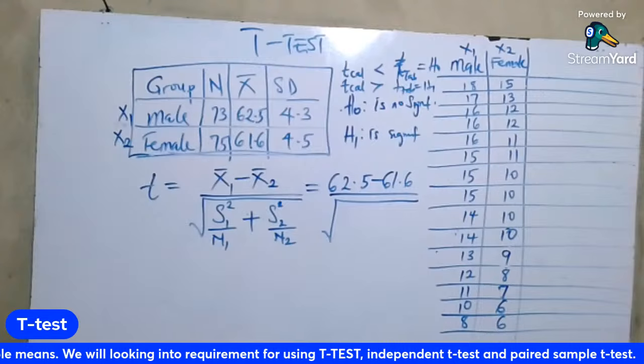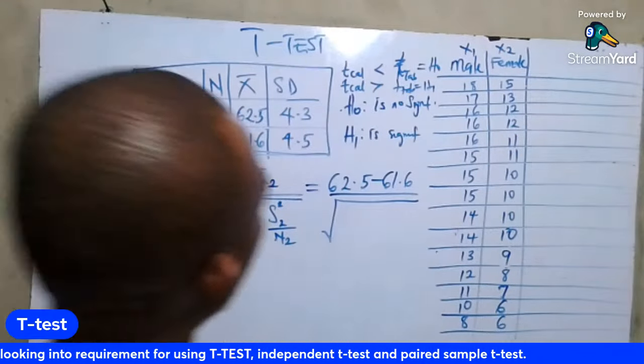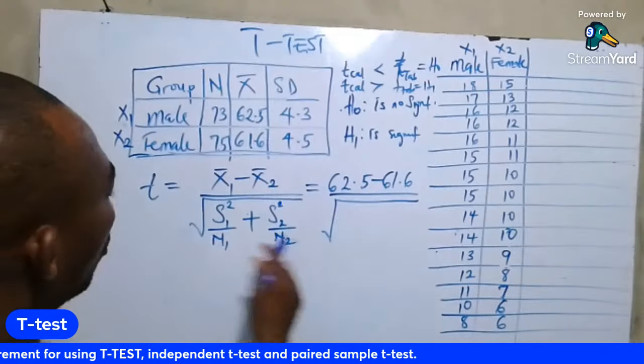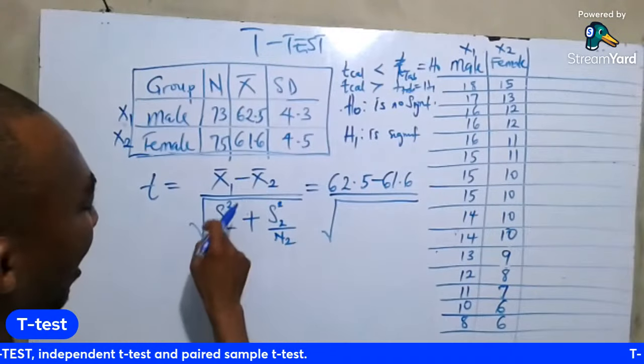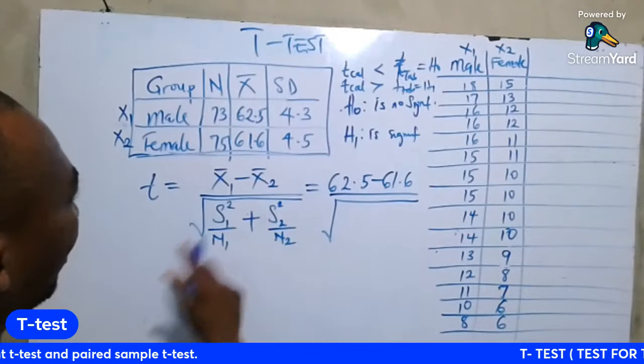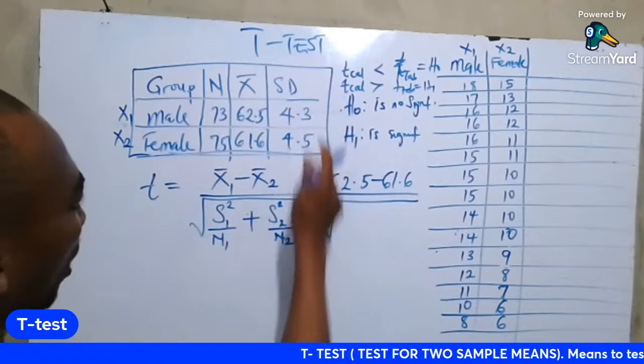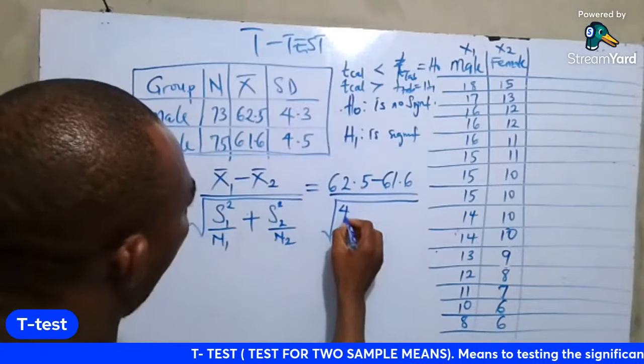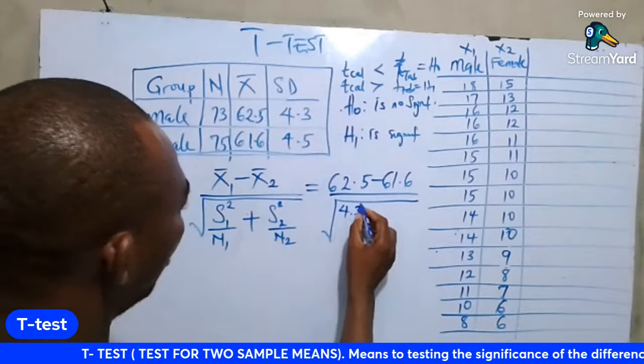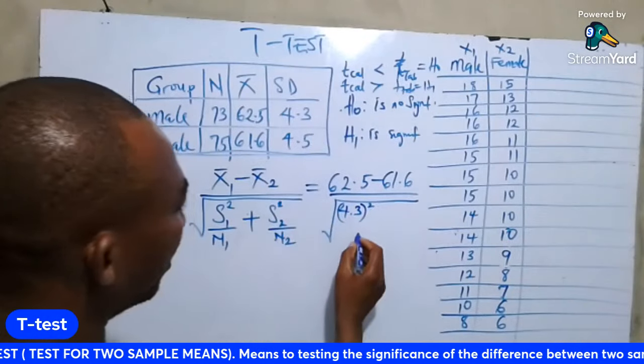So when we look at this now, our S1, that is the standard deviation for male, is 4.3. And you have to square this.